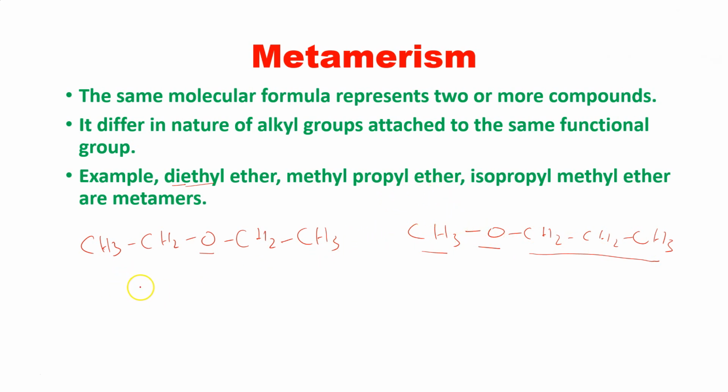But the molecular formula is same. If we count the number of carbon, they are 4, and number of hydrogen, they are 10, and oxygen. So similar over here also, that is carbon are 4 and hydrogen are 10 and 1 oxygen. And also one more example, that is isopropyl methyl ether. So that is also a metamer of this compound. I will draw the structure of that isopropyl methyl ether.